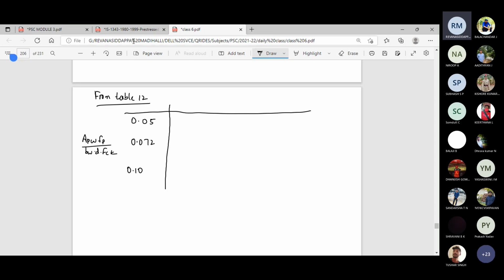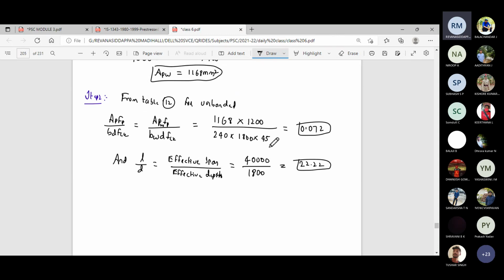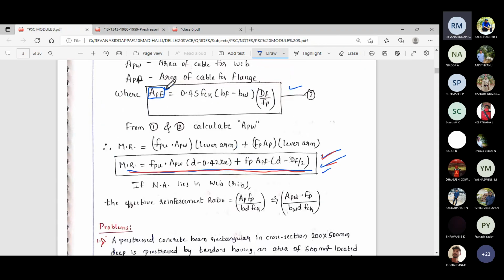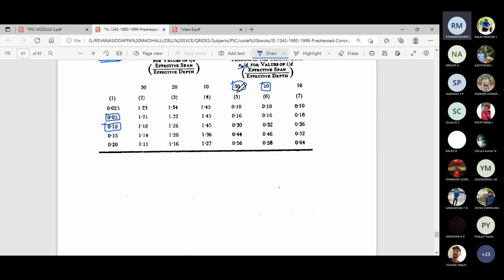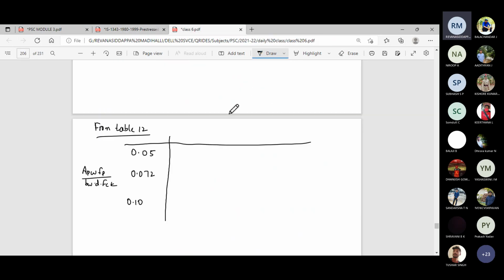Here in the columns, I'll take the L by D ratio. We have L by D ratio as 22.22. We have the value for 20 and the value for 30, so we will note the values for 20 and 30 so that we can obtain the value for 22.22.